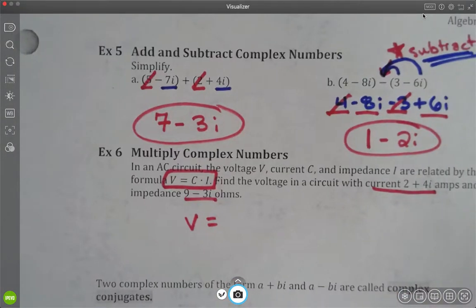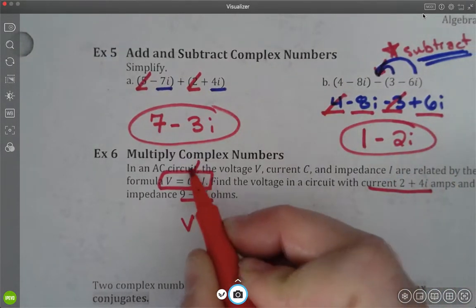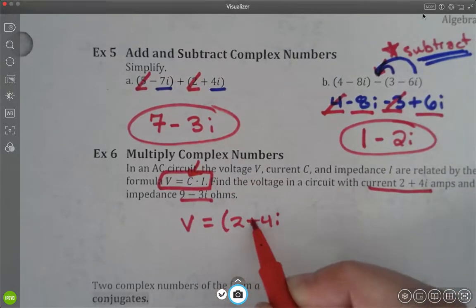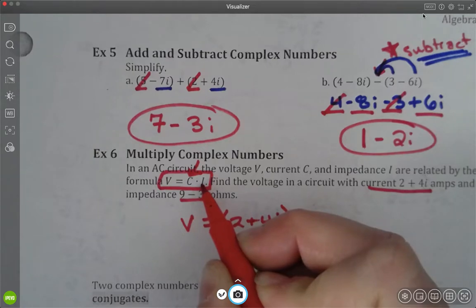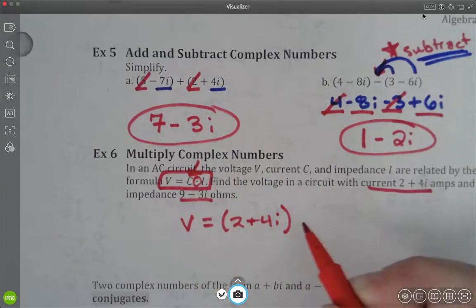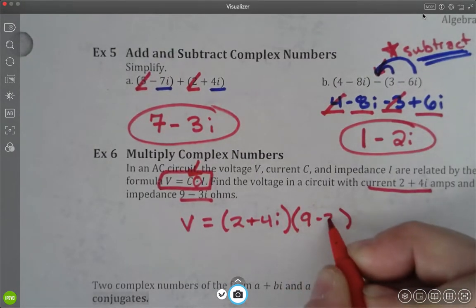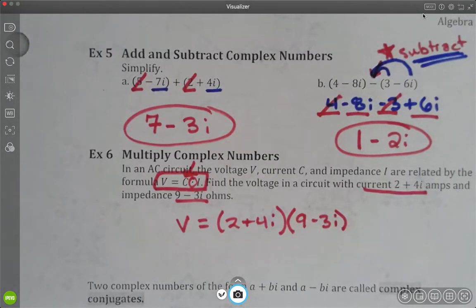So current is this guy, 2 plus 4i. And what are we doing with the impedance? You're multiplying. So I'm going to put them right next to each other: 9 minus 3i. You see this? We're just multiplying them together. They just gave us a story problem, whatever.